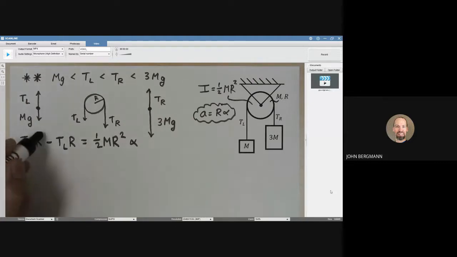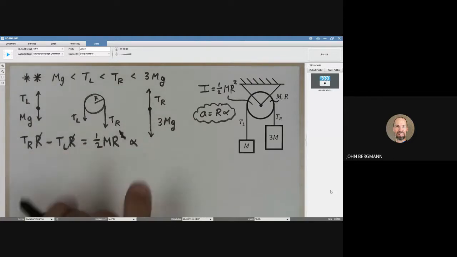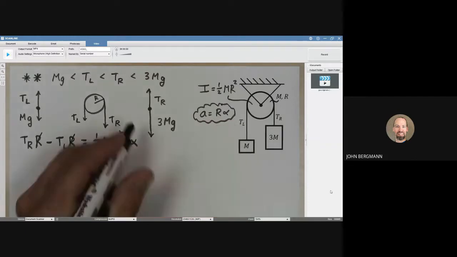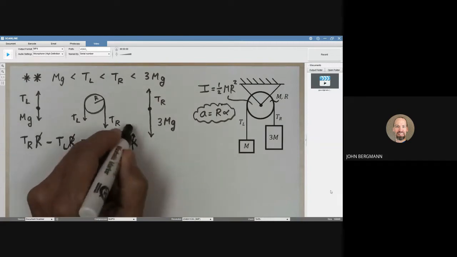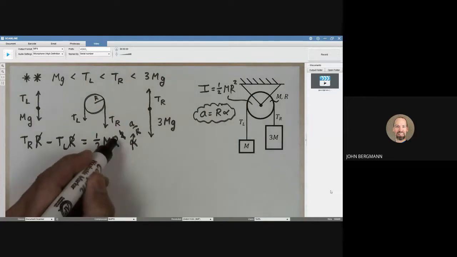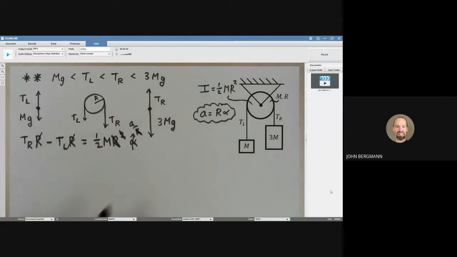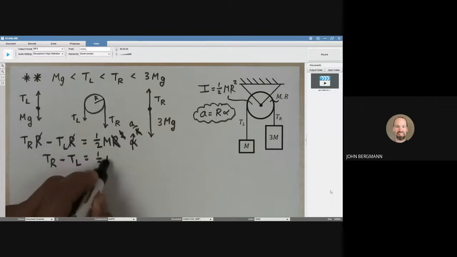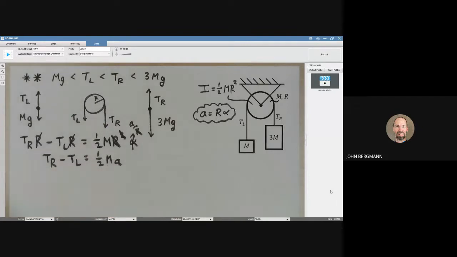I'm seeing some r's that can cancel here. Alpha, I want to change right now to a divided by r. So let's do that. If I change that to a divided by r, then you can see that this second r cancels as well. If we simplify this equation, that's going to leave us with TR minus TL is equal to 1/2 ma. So that's what we've done with the pulley so far.